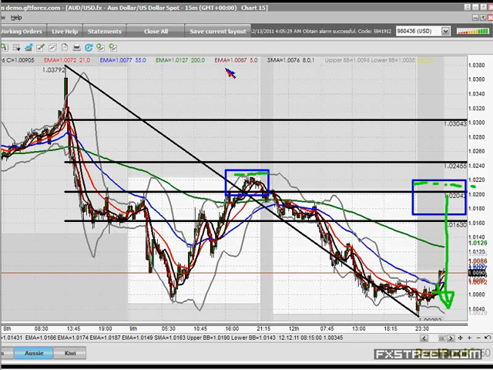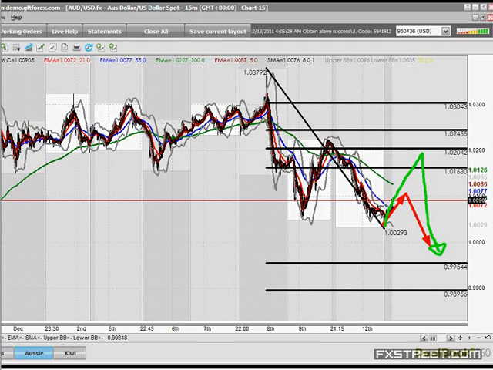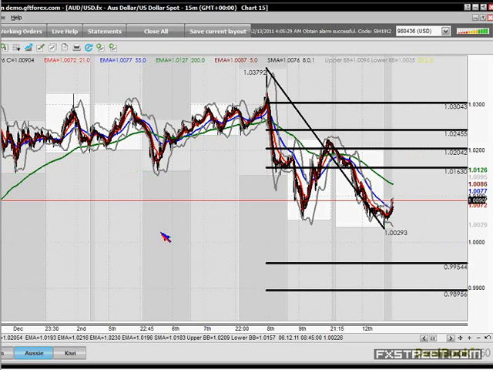All very simple. It's all about analysis, trade planning in advance, sitting back, waiting. That's my Aussie dollar for the day, planned. I'm not going to plan anything in the opposite direction, I don't think, on this. There's been enough support broken. I think it's short, and I'm going to stick to my guns. So that's the Aussie dollar.